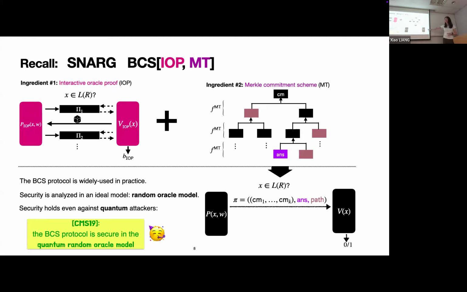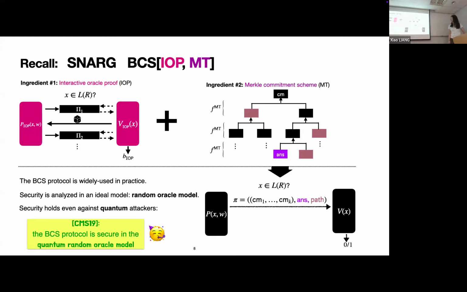The definition is the same, just how you prove it. So actually I have some slides later about how you define knowledge soundness, but there are some caveats, we'll see.